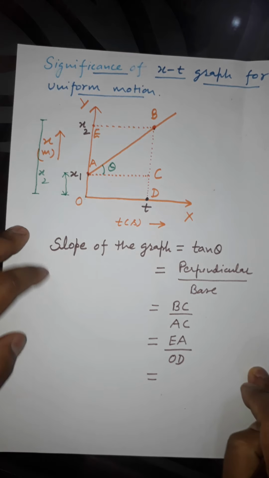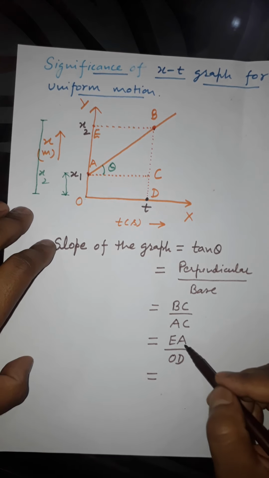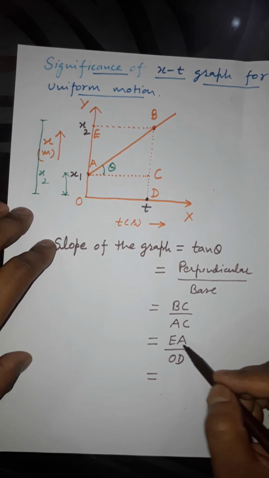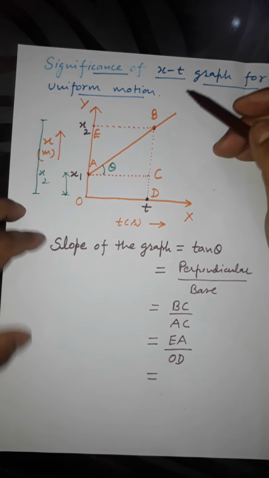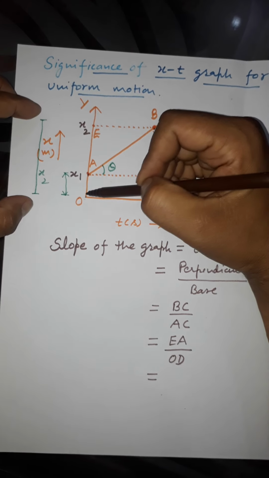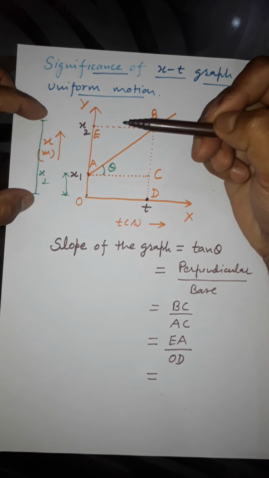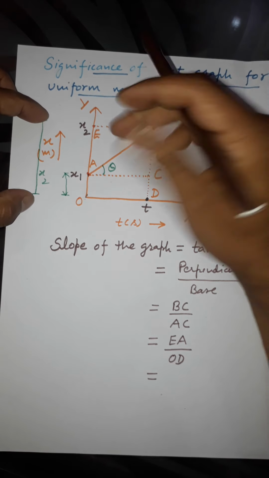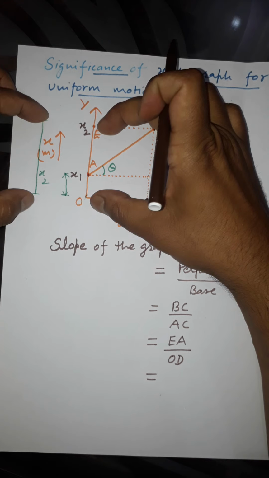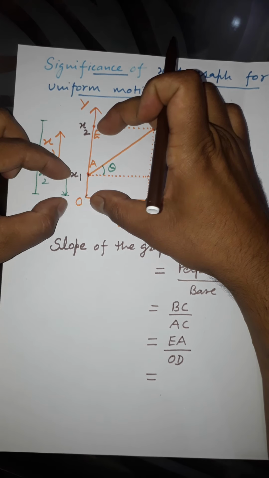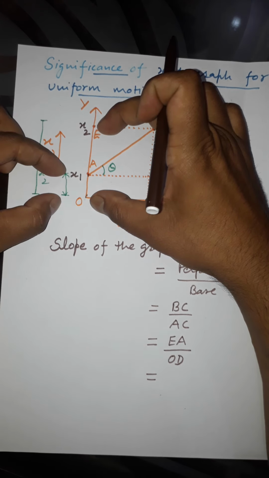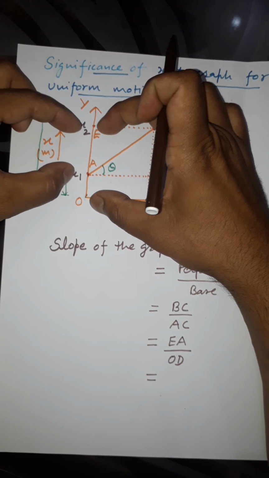Now, what will be the value of EA here? We need to see what the value of EA will be. Let us pay attention here quickly. OE, this whole distance, OE distance is equal to x2, right? OE distance is equal to x2 and OA distance is equal to x1, right? And you have to find the EA distance.